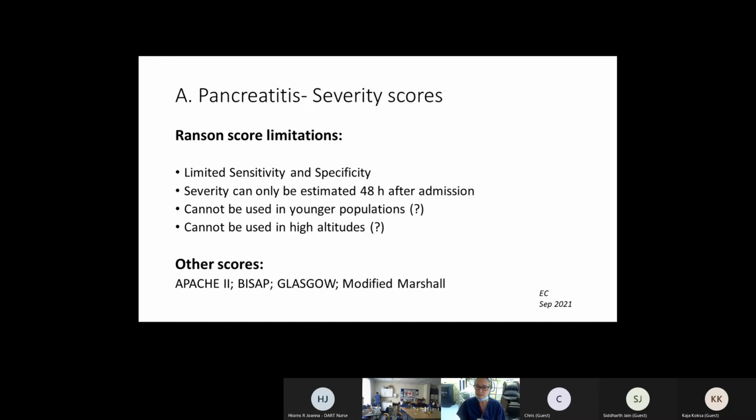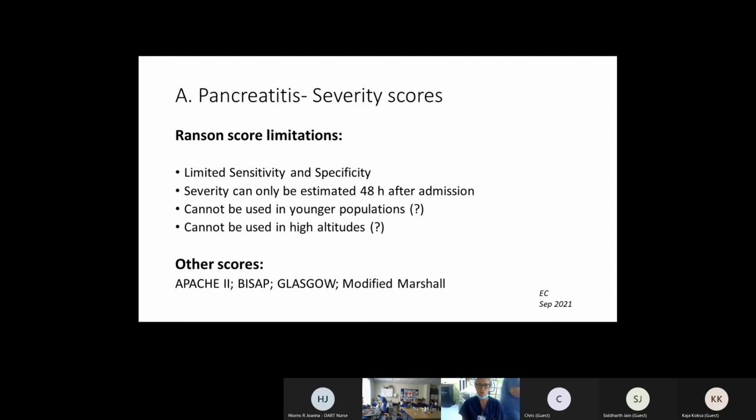So these numbers are collected after 48 hours of admission. So for the intensive care, this is really not important for treatment. They're not very sensitive, and they're not very specific. And there are several studies that say that they're not proper to evaluate some populations or even places with a high altitude.